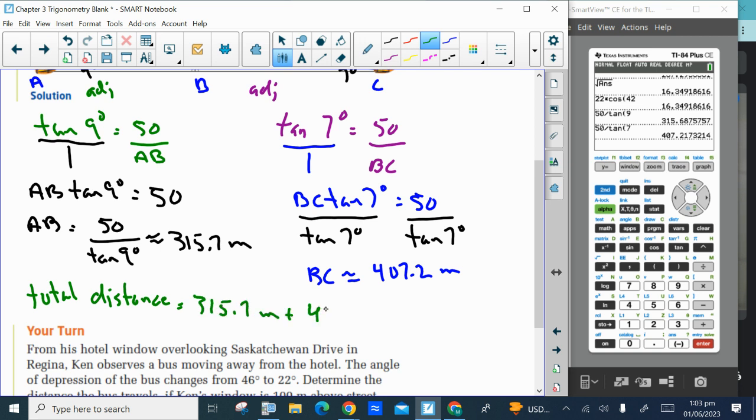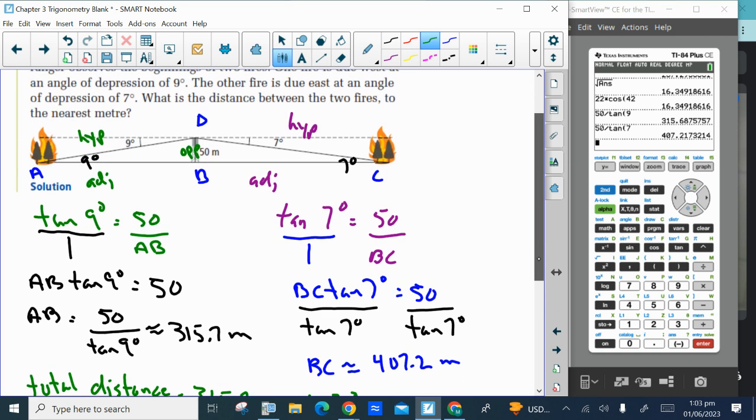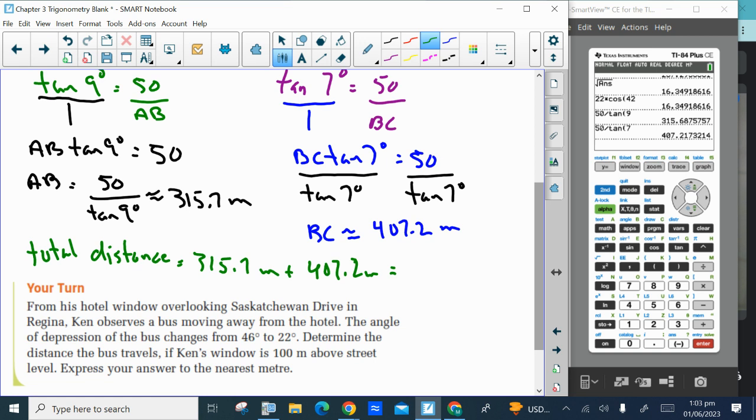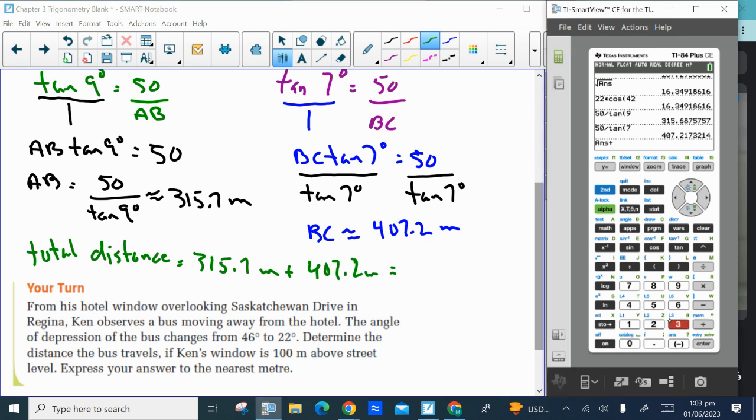And to be as accurate as possible, it does say to the nearest meter, but to be as accurate as possible, when I add the 315, I'm going to put in a few decimals here. I got 6, 8, 7, 5, 7, 5, 7.